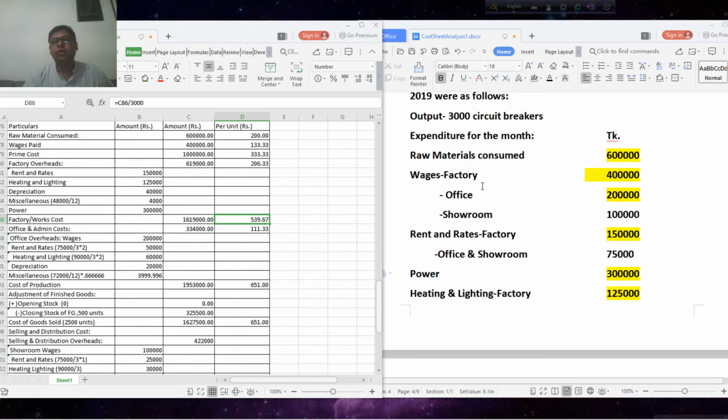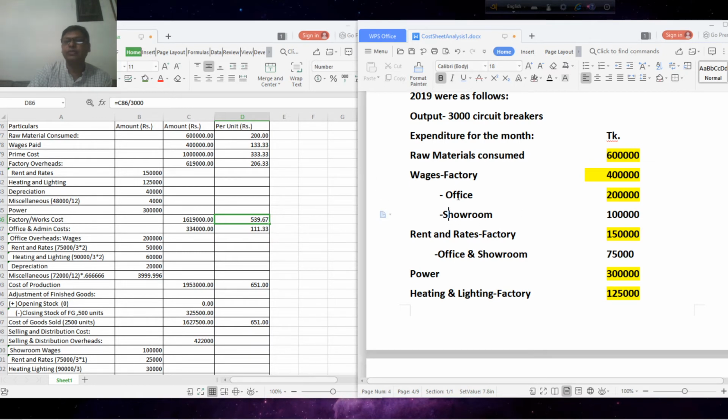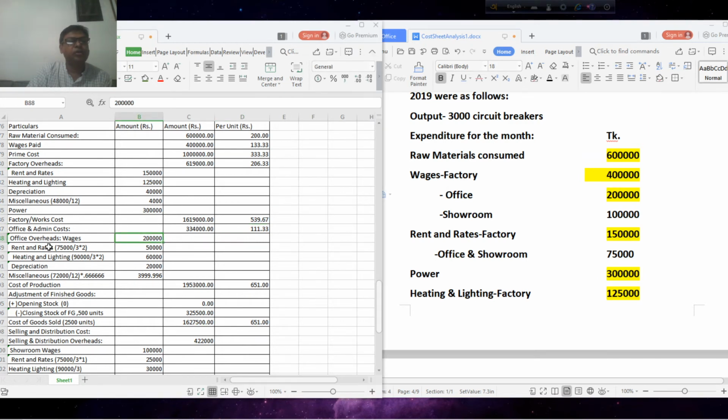So for office, we know that showroom is related to selling and distribution, and office is related to the production. So office and administrative cost, we have office overhead, wages is given, rent rates 75,000 taka, we have to divide it by 3 and multiply by 2, because 2/3 is for the office related expenditure.